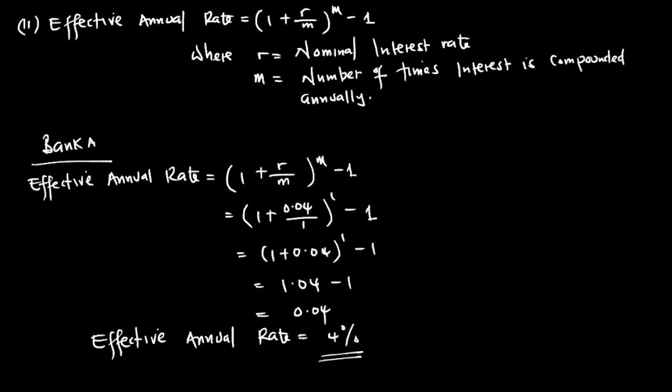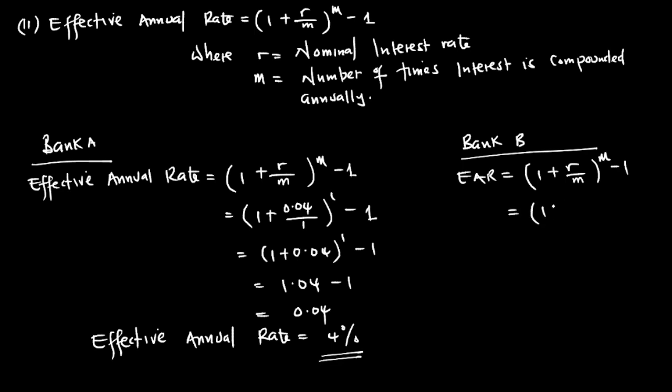Now we continue, look at bank B. For bank B, the effective annual rate will be 1 plus R divided by M, to the power M, minus 1. So the rate there is 0.04, divided by 2, to the power 2, minus 1, because there are 2 conversions in a year.